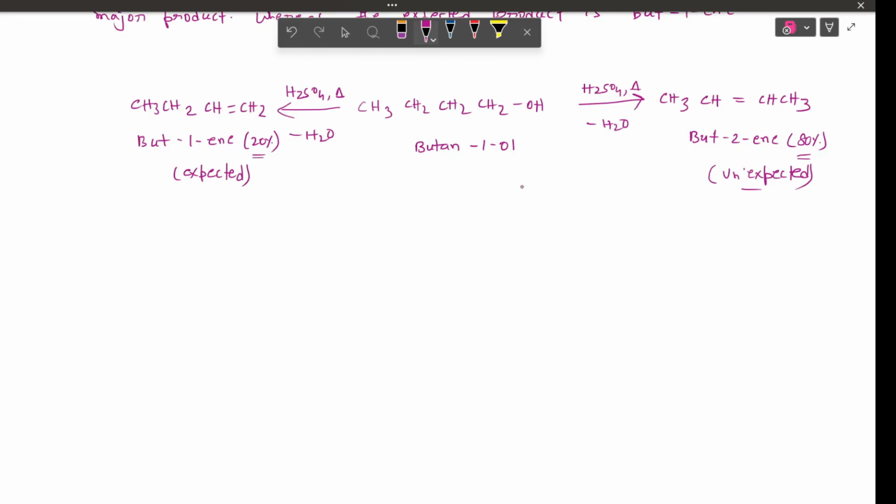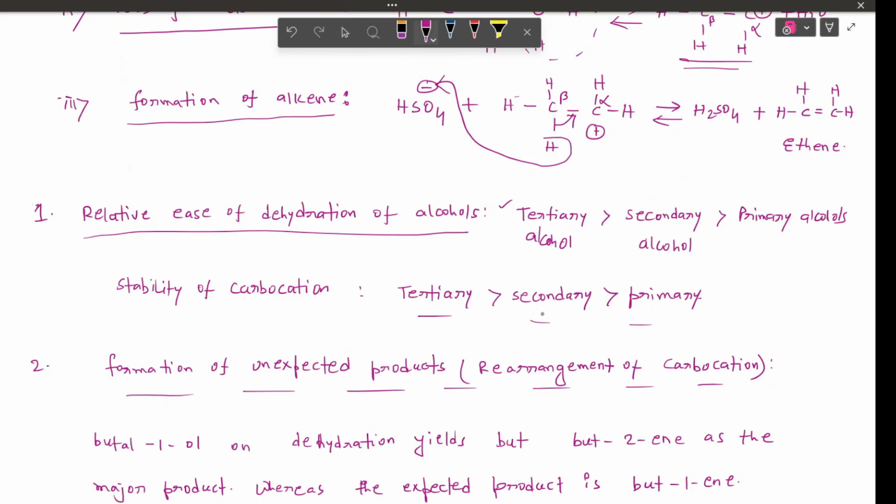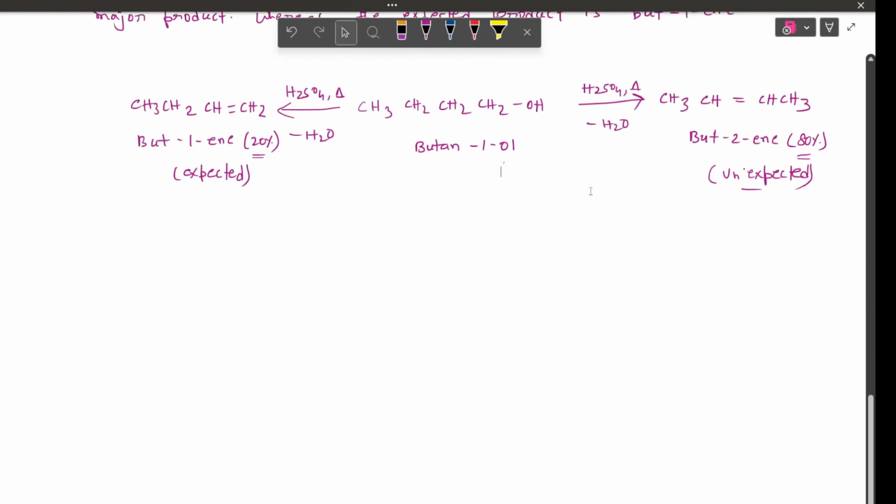So according to the mechanism, formation of intermediate carbocation is a slow rate determining step, and the carbocation formed tends to rearrange to a more stable carbocation, because we have seen that a tertiary carbocation is more stable than a secondary carbocation than a primary carbocation. So this is the main cause.